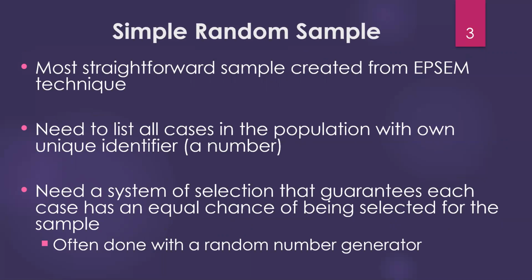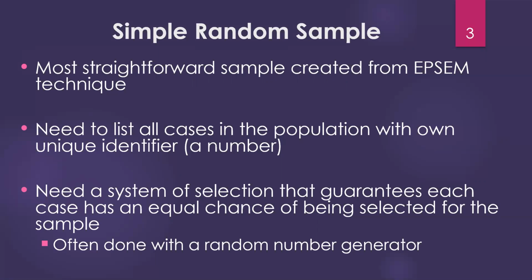So the most straightforward technique for doing a probability sample is called a simple random sample. A simple random sample is a type of probability or random sample. And the steps in order to create a simple random sample are that you need to list all of the cases in the population with their own unique identifier. So this could be a number.